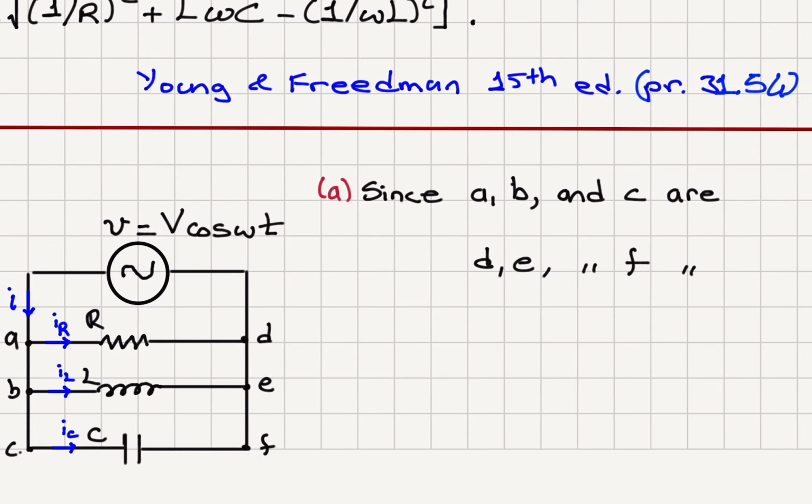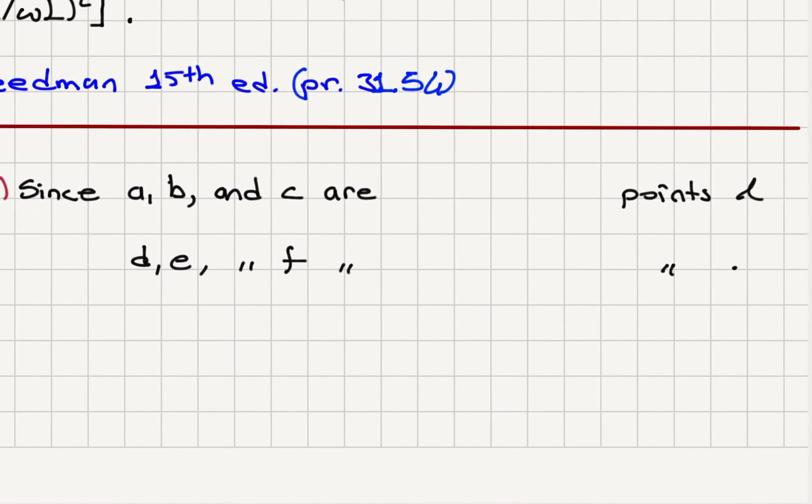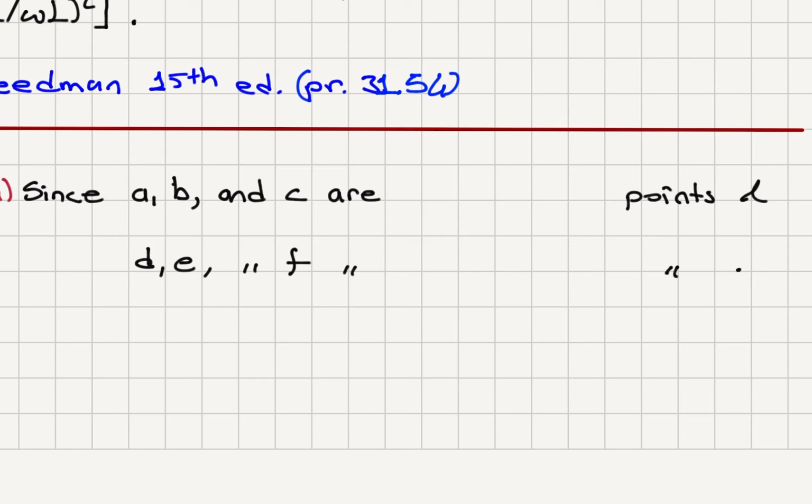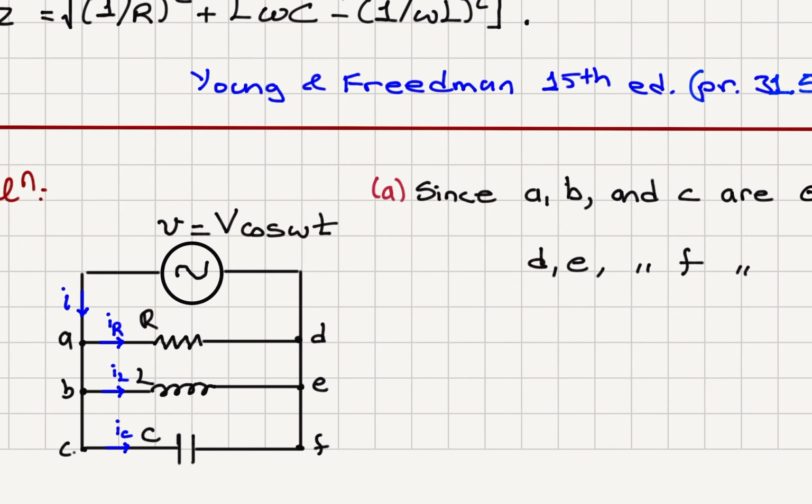So these are equipotential points. That's the meaning of parallel connection.